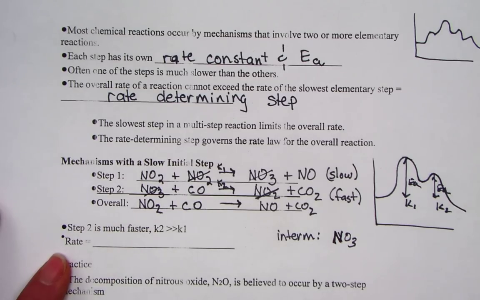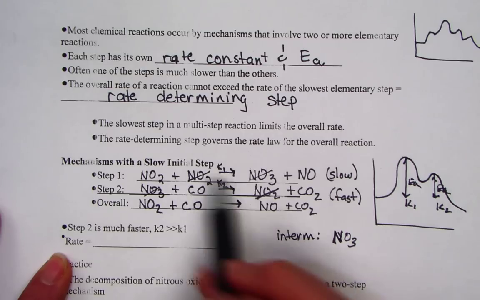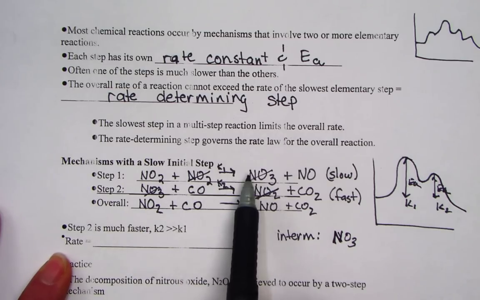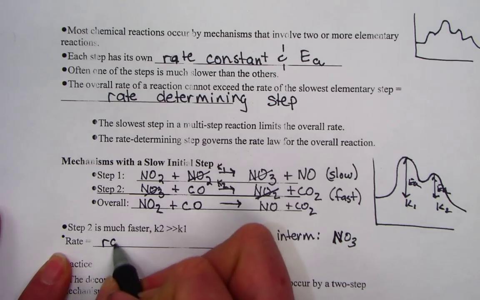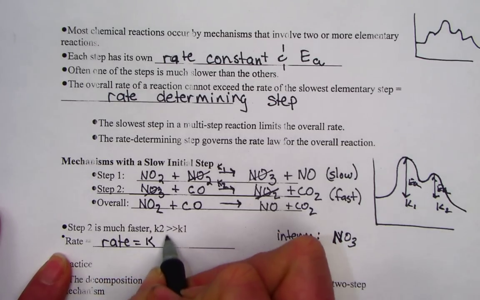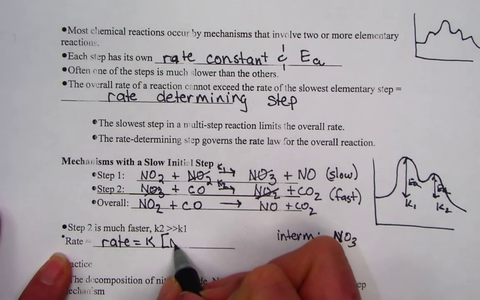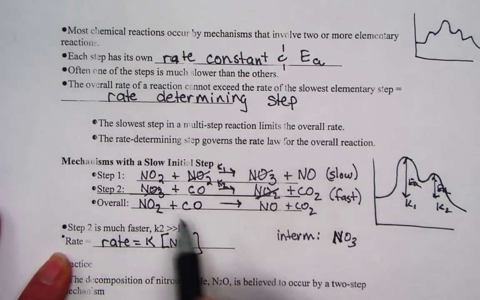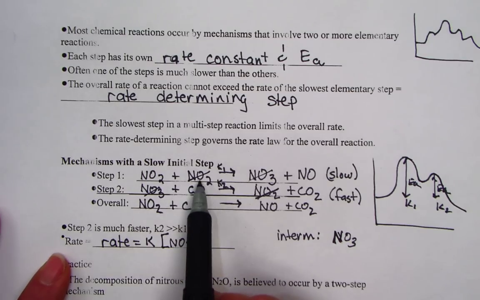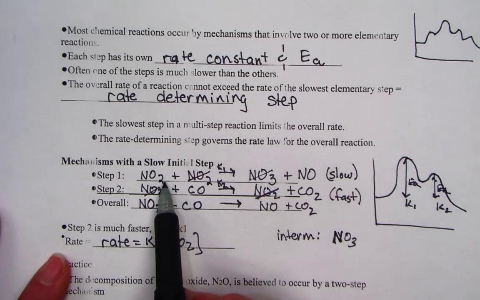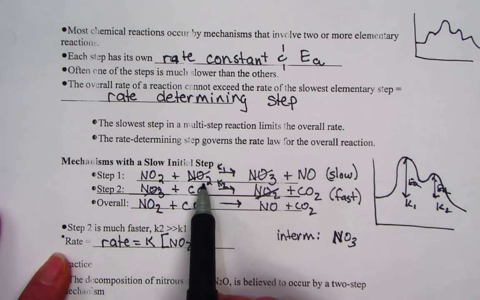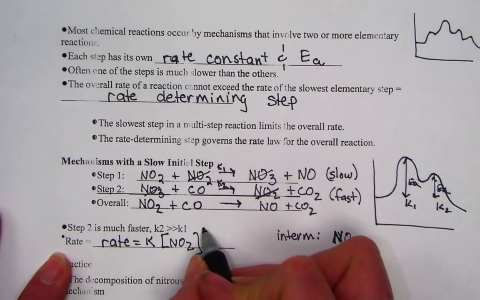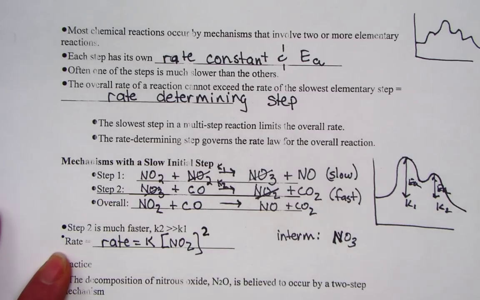Now, when I look at my overall rate law, it comes from the slowest step. Rate is equal to k times the concentration of NO2, because the nitrogen dioxide molecule collided with itself in my first proposed elementary reaction. NO2 colliding with a molecule of NO2 gives me a bimolecular elementary reaction showing second order with respect to NO2.